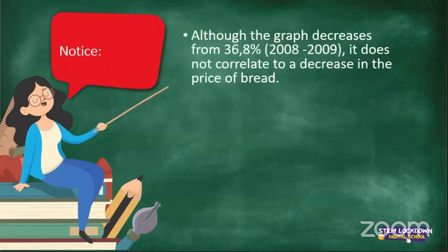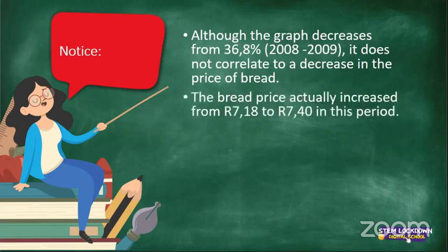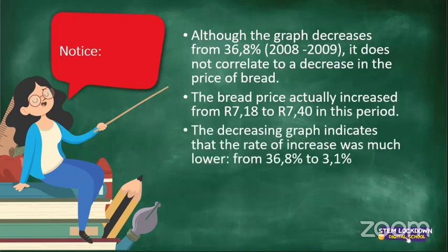Although the graph decreases from 36.8, which was the year 2008 to 2009, it does not correlate to a decrease in the price of bread. The bread price actually increased from 7 Rand 18 cents to 7 Rand 40 in this period. The decreasing graph indicates that the rate of increase was much lower.